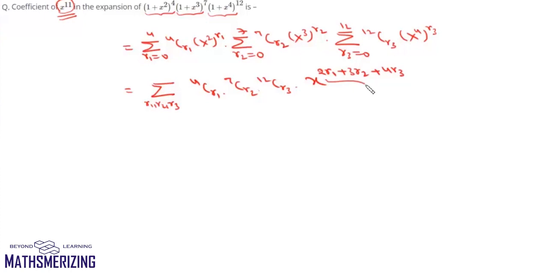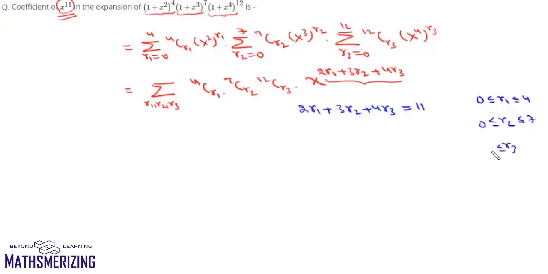So that means the sum of this power, which is 2r1 plus 3r2 plus 4r3, should be 11, where r1 is an integer between 0 and 4, including both of them. r2 lies between 0 and 7.